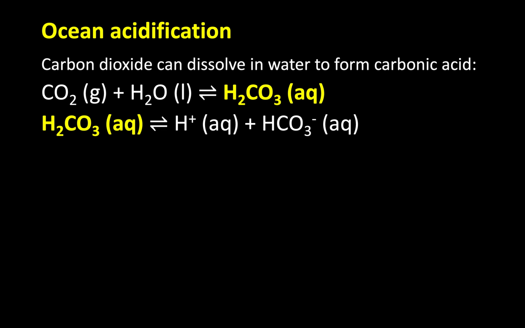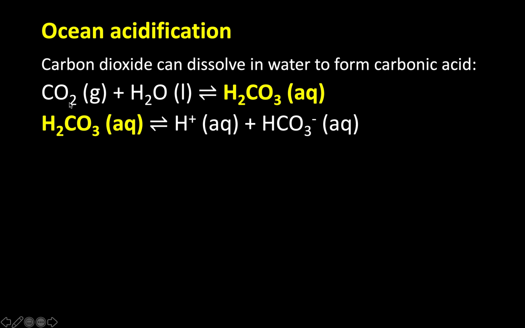Now another example of an equilibrium system is ocean acidification. So carbon dioxide, we know, can dissolve in water. That's why we like drinking sodas. The carbon dioxide's bubbly. It feels fresh in your mouth, right? That does create carbonic acid. So that's one of the reasons that soda is so bad for your teeth, because it lowers the pH of what you're drinking and can damage your teeth.